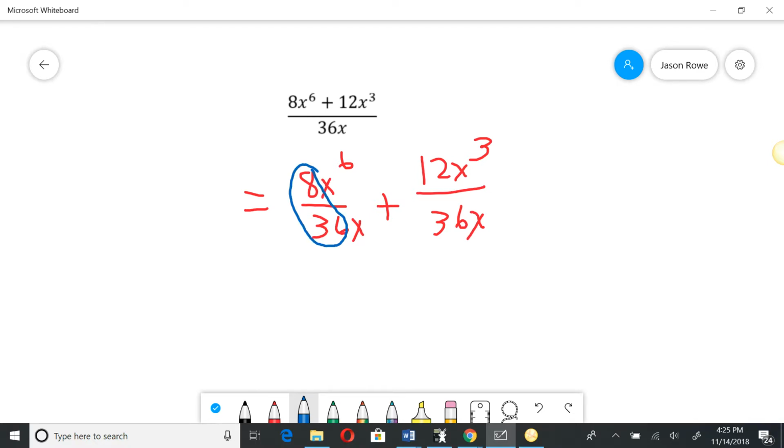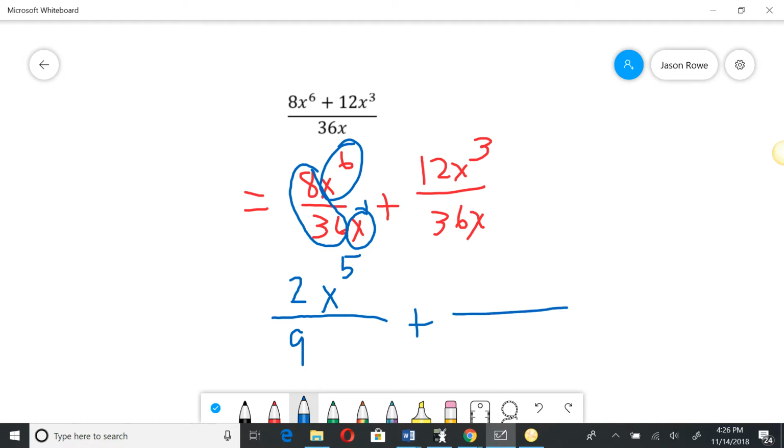So what do 8 and 36 have in common? They're both divisible by 4. So 8 divided by 4 is 2. 36 divided by 4 is 9. So that'll reduce to 2/9. Now I'll take a look at the variables. Well, that has an exponent of 1. This has an exponent of 6. Remember the rule we learned for dividing, we subtract our exponents. So 6 minus 1 is 5. So it'll be x to the 5th power.